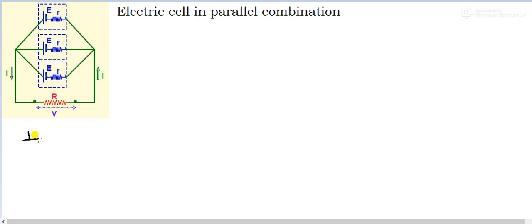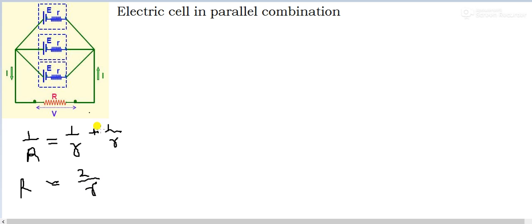You know the formula for resistance when connected in parallel combination, that is 1 by R is equal to 1 by R1, let us say it's r only, plus 1 by R2. So the value of R that you would see would come to r by 2.